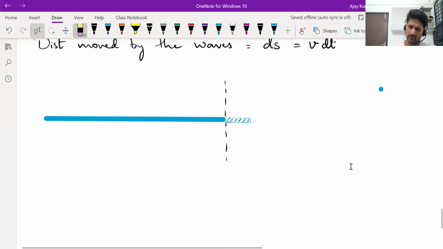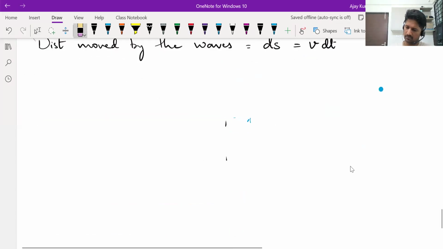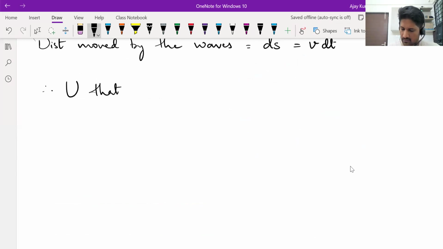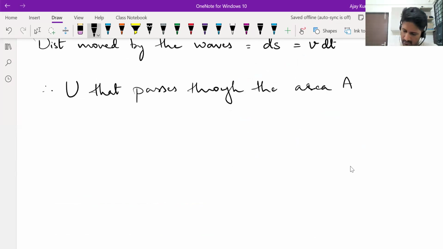Therefore, the energy that passes through the area A in time dt, what will it be? We know energy per unit volume multiplied with volume gives the energy.